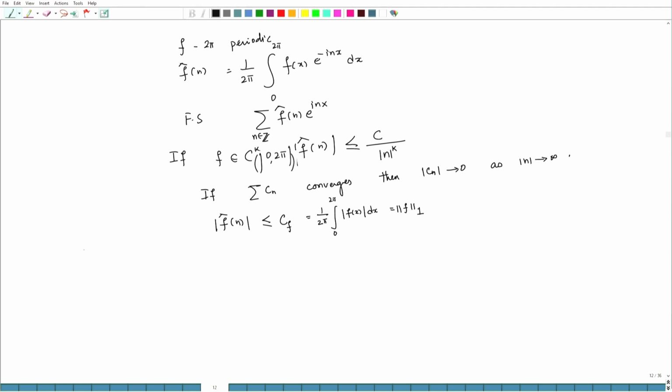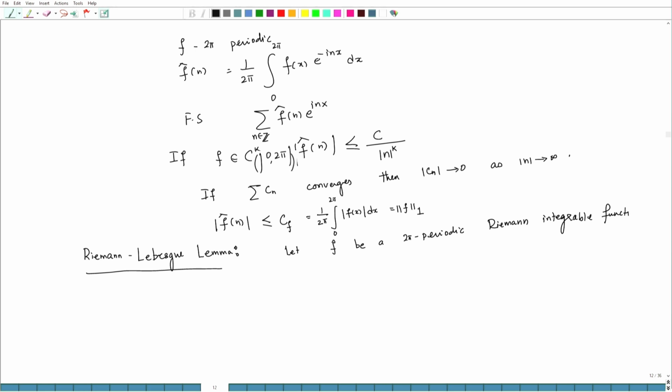Okay. To answer this question, we have the Riemann Lebesgue lemma, which states that let f be a 2 pi periodic Riemann integrable function, then f hat of n converges to 0 as mod n goes to infinity.